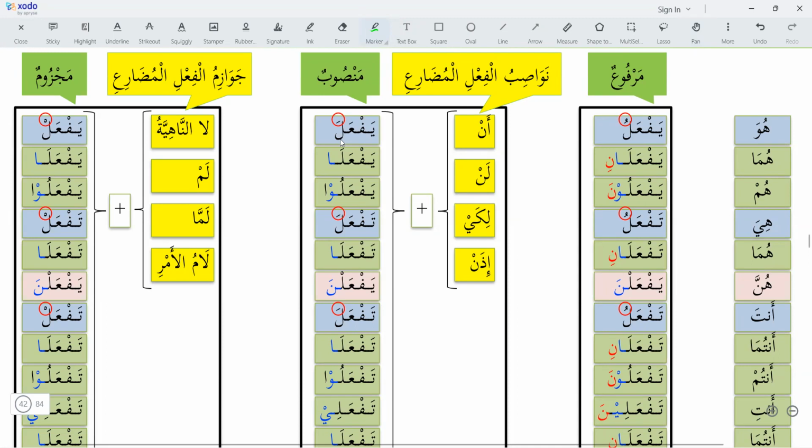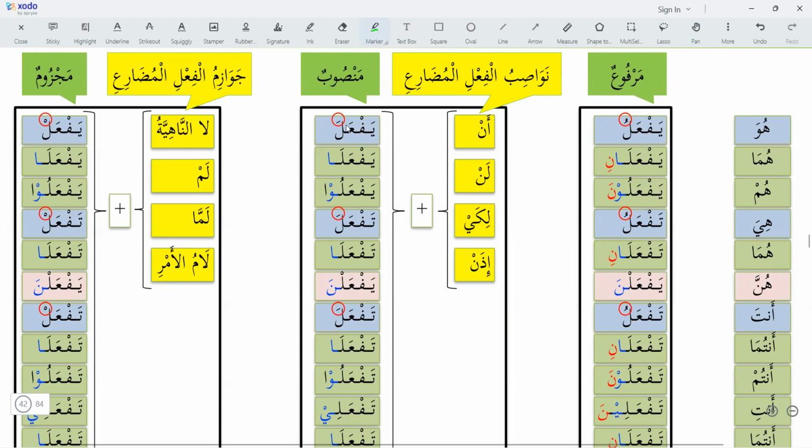And what are the particles that make the fi'l mudare mansub? When we use an before the fi'l mudare, it makes it mansub. An yaf'ala. If there is an before the fi'l mudare, then the verb will be mansub.